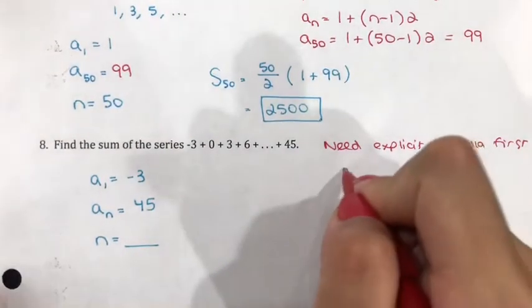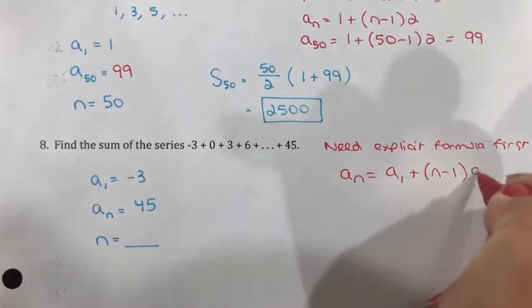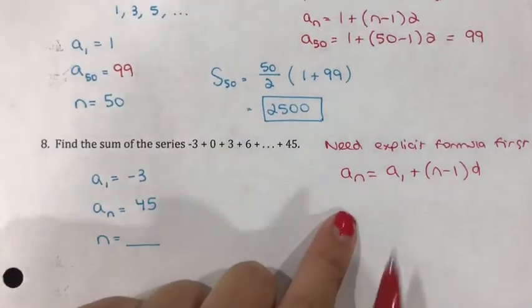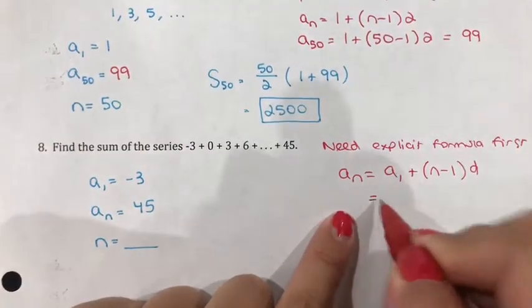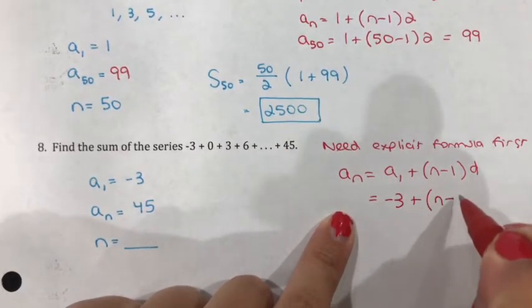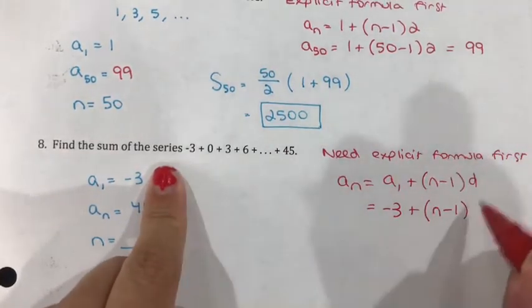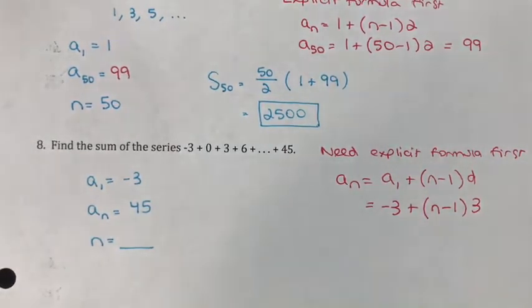Okay, so a sub n equals, I'm just writing the whole thing out. So my first term is negative 3. I don't know what n is. But I do know the common difference. Well, we're going up by 3 each time.